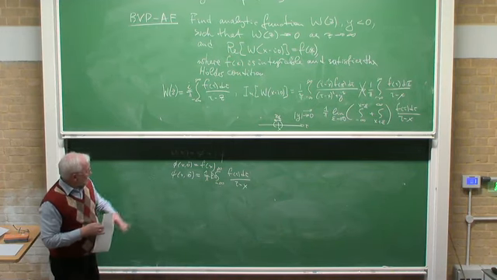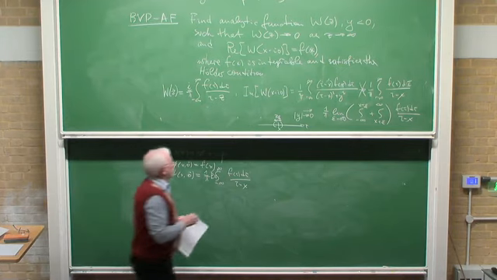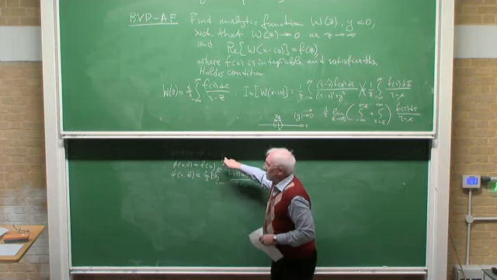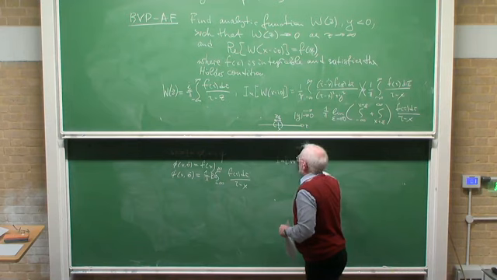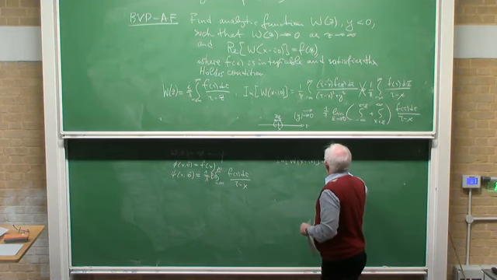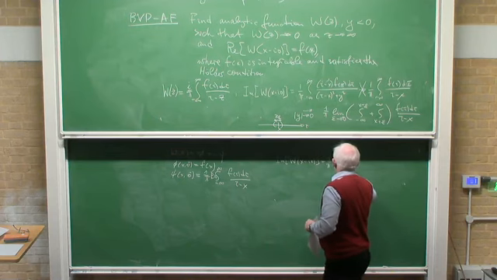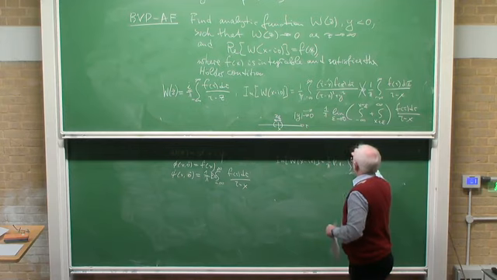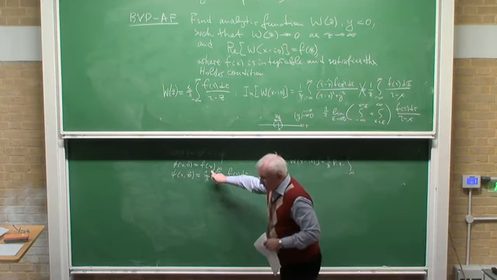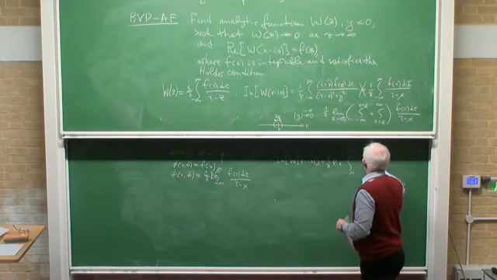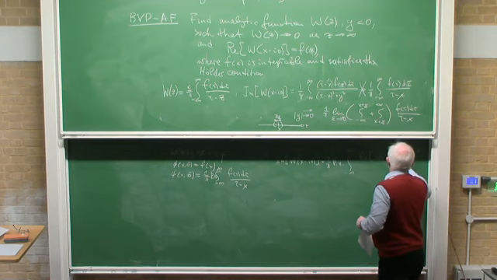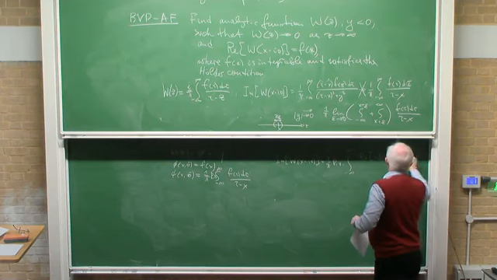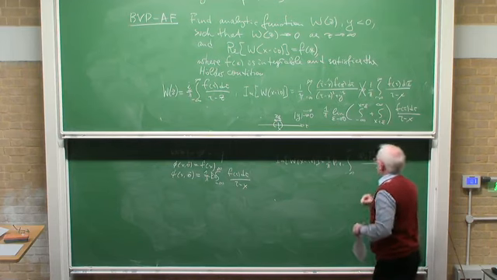Then you see what we can do now. We can write psi as the imaginary part: imaginary part of w at x minus i0 is equal to 1 over pi principal value integral from minus infinity to infinity of f, where f is a real part, the real part of w at tau minus i0, over tau minus x.